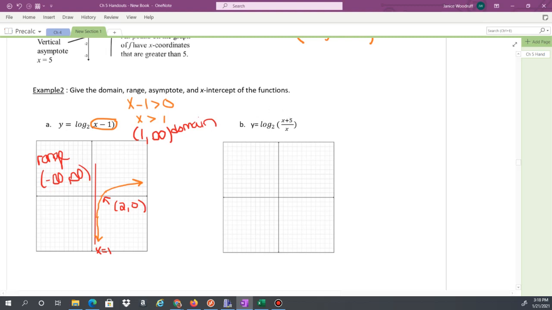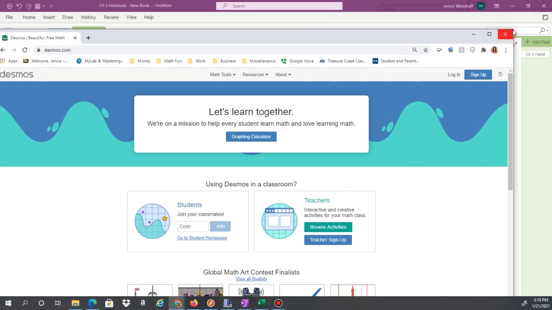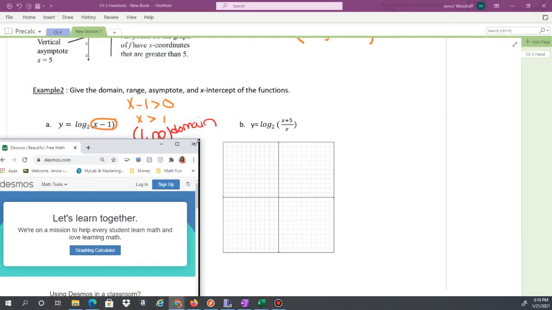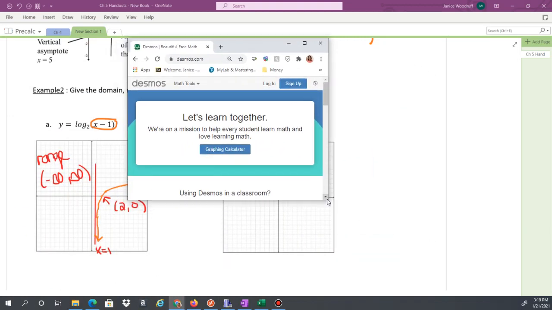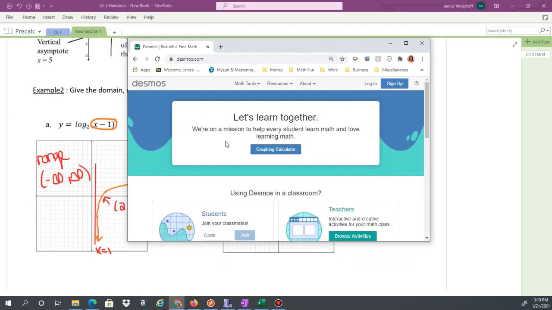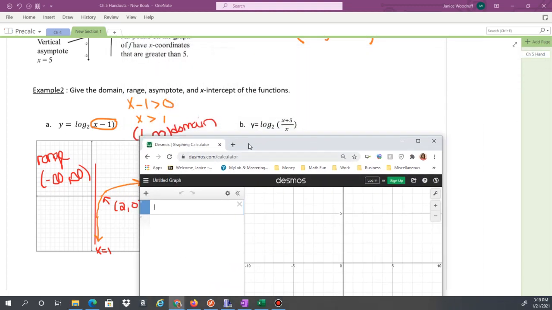Okay, let's go ahead with B. Let's use our graphing technology. Let's go ahead and use Desmos. So I'm going to get that pulled up for us. I'm just going to make it smaller so we can see everything. A little too small. All right, so graphing calculator, and this is what we want here.